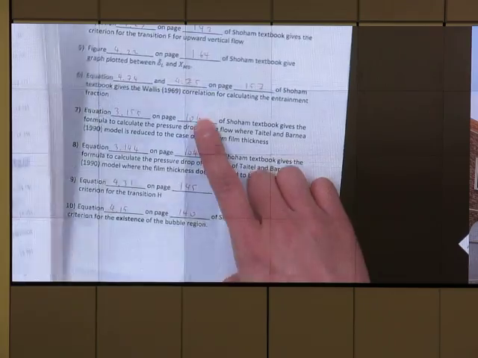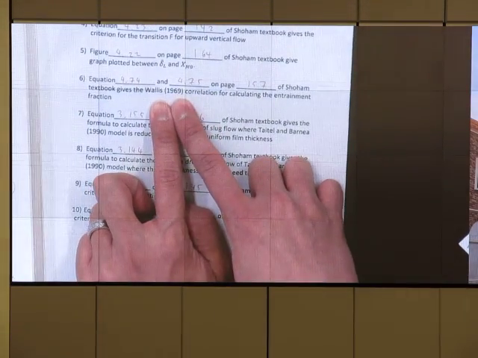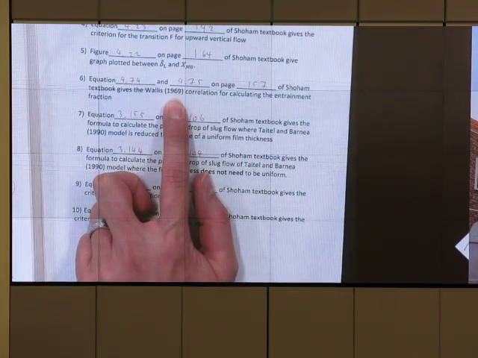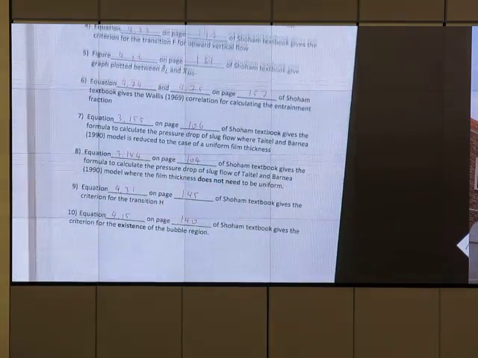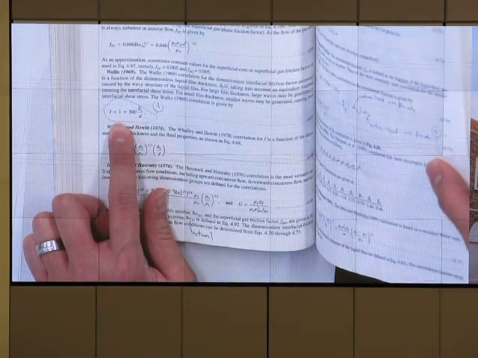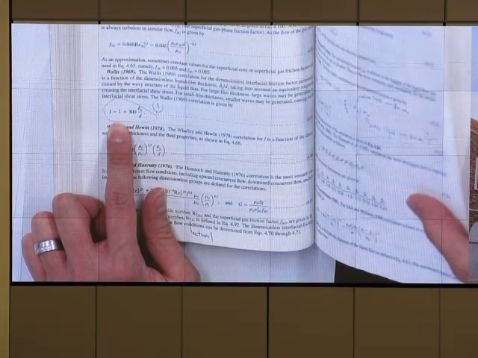What about the other? Give the Wallace 1969 correlation for calculating entrainment fraction. No, I mean this one. Which number? 4.67. 4.67 is capital I, right?